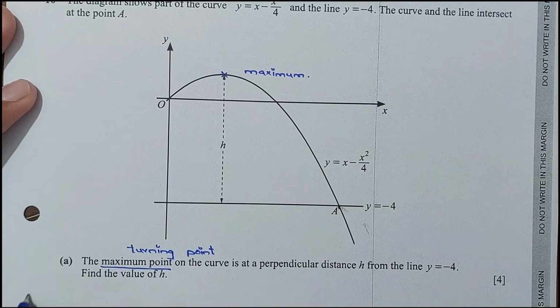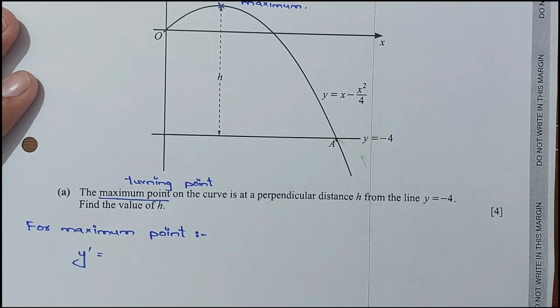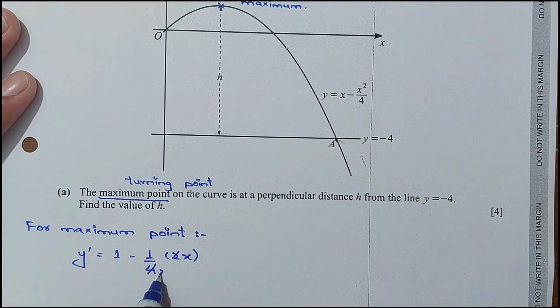Okay, so for the maximum point, we have to take the first derivative of the curve. What is y prime for this curve? So for this curve, x derivative is 1, minus 1 by 4 is constant, x square derivative is 2x. 2 times 1 is 2, 2 times 2 is 4, so 1 minus x by 2 is the first derivative.